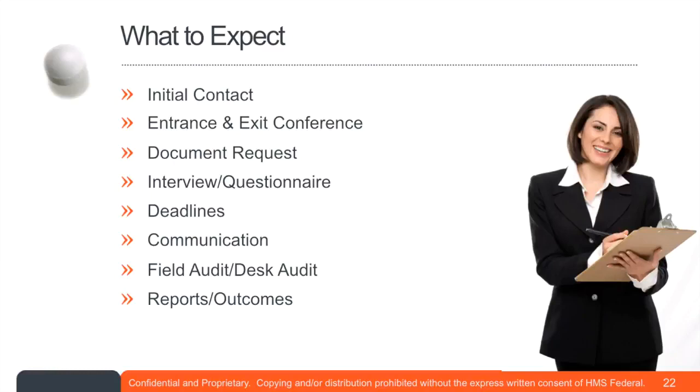There'll be some type of initial contact, and that can be in the form of mail, hard copy mail. It can be an email. It can be both, and a phone call. At HMS Federal, we will always mail the information and then follow up with a phone call to make sure that the pharmacy received the information.